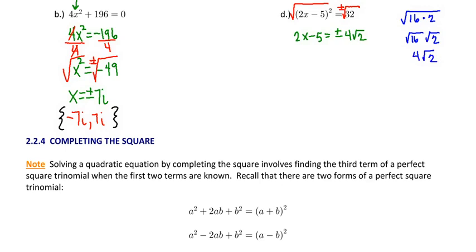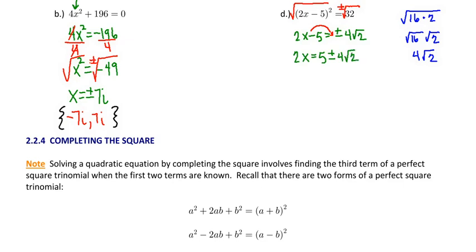As we did on the previous example, I'm going to add 5 to both sides, putting it in front of that plus or minus. So we have 2x equals 5 plus or minus 4 square root of 2. And then we can solve for x by dividing both sides by 2. And we get x equals 5 plus or minus 4 square root of 2 over 2.